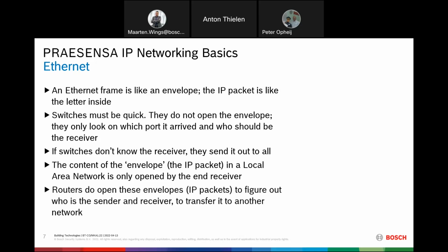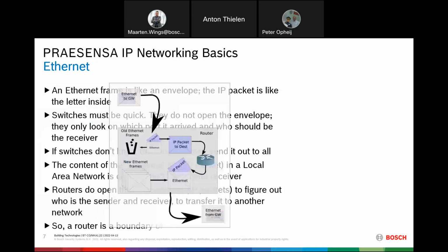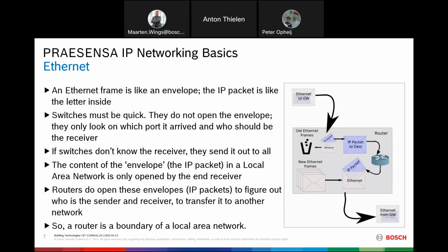Yeah, routers do open these envelopes. So an Ethernet switch does not, but a router will open the envelopes, the IP packets, to figure out who is the sender and receiver, and to transfer it to another network. So here, an example: you have here an Ethernet frame at the upper side, and from there it is going then to the router.